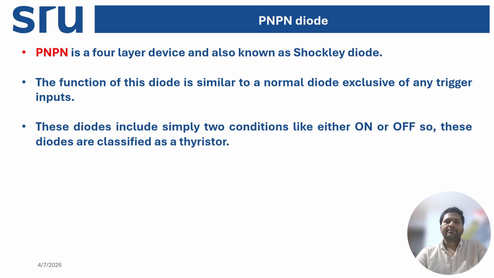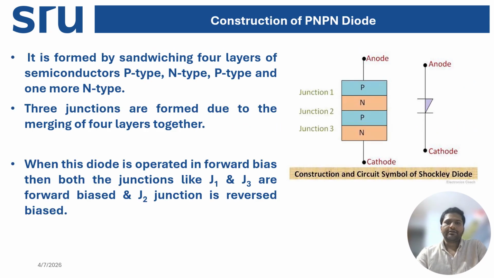So, construction of the PNPN diode, also known as a four-layer diode. A PNPN diode is formed by sandwiching four semiconductor layers.